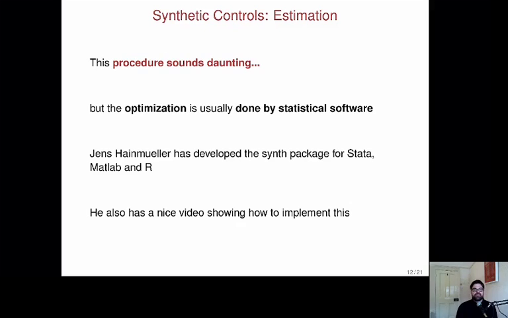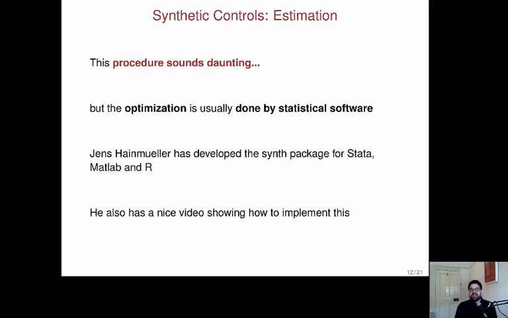In most cases it matches the pre-trends so tightly that some people have expressed doubts that it's actually useful. It almost looks too good to be true.